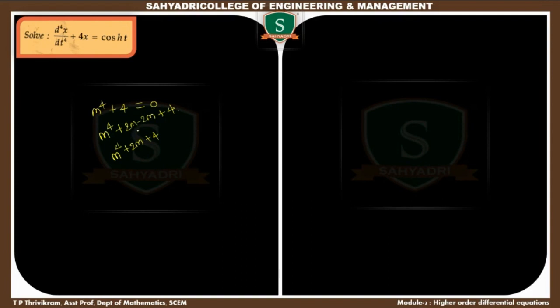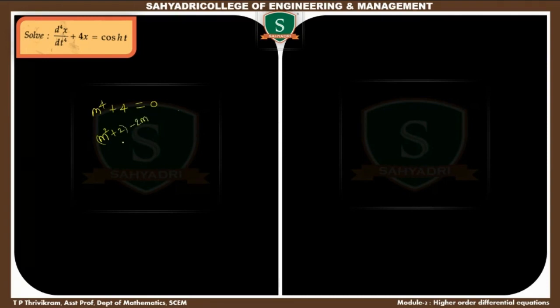Here I can take this one as m power 4 can also be written as m square plus 2 minus 2m.